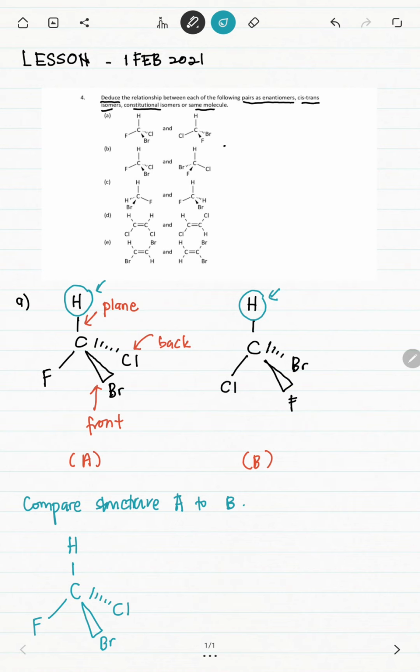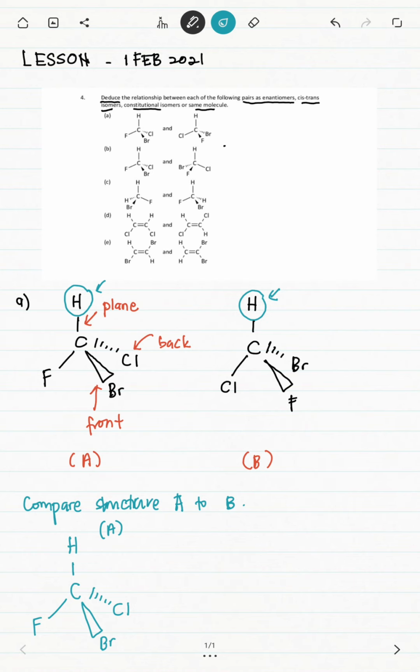You must first identify what the relationship is between structure A and structure B. What we need to do is check it in the form of a 3D projection. So we try to rotate it.